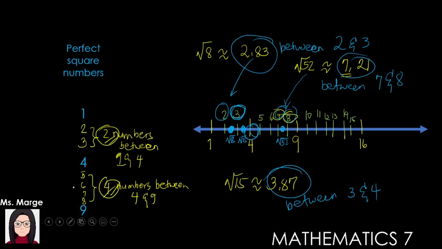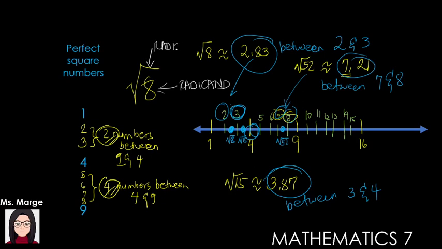So by the way, to review, for example, we have square root of 8. Ang tawag dito sa 8 natin ay radicand. If I haven't mentioned on the previous videos, itong parang check sign is the radical sign or radical.